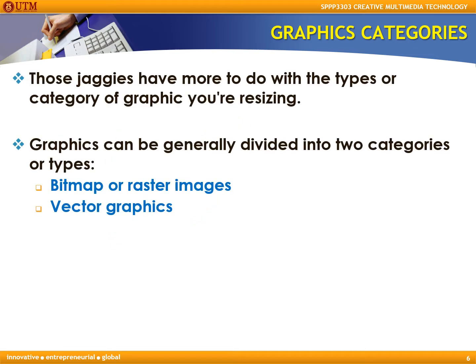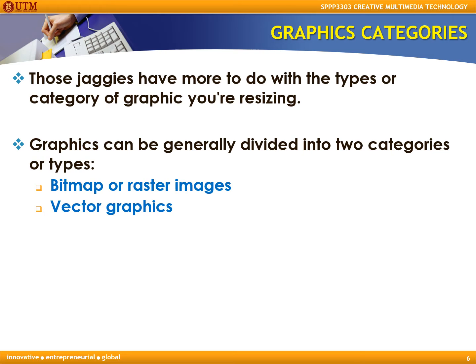Okay, so in summary, there are two types or categories of graphics. We have bitmap, which is also called pixels or images, and the other one is called vector graphics. The first one consists of dots.